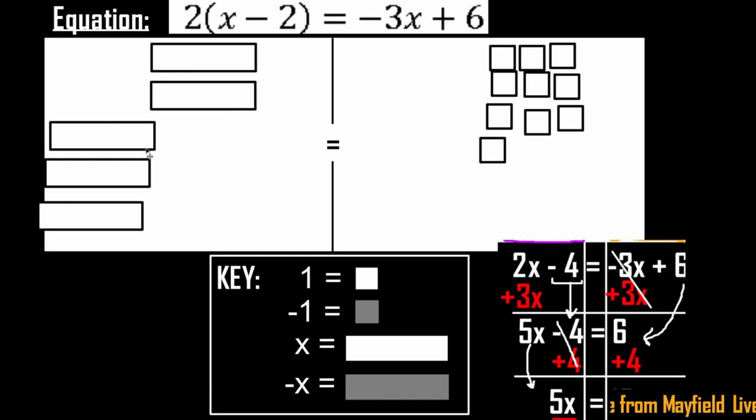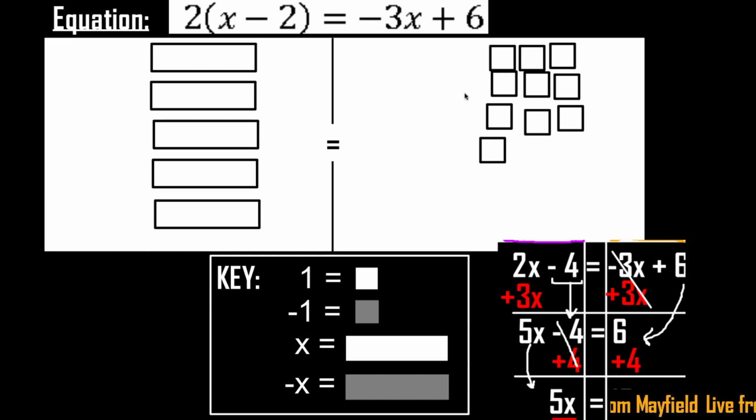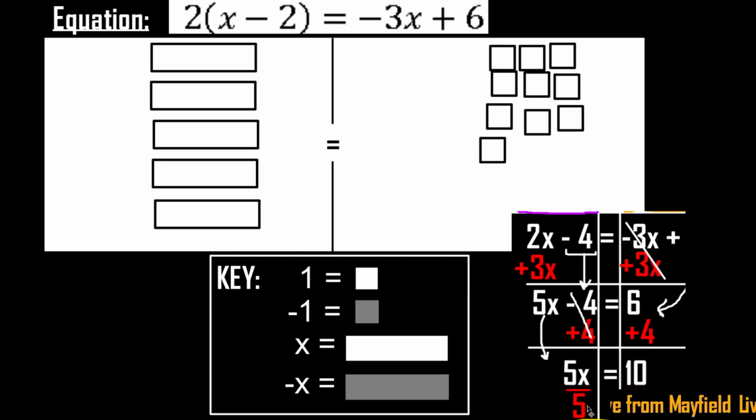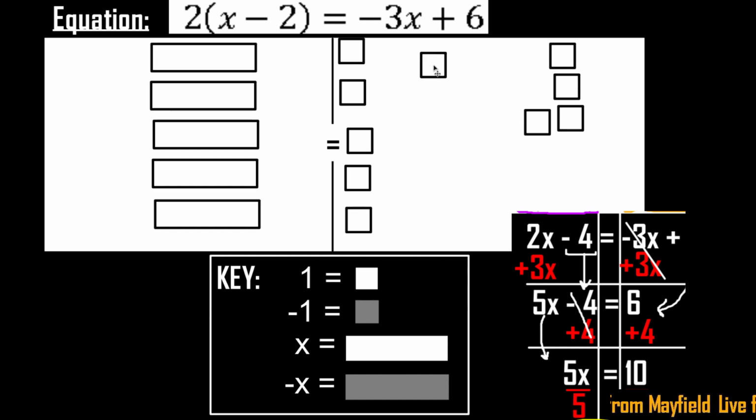So we have 5 x's that are positive, and we have 10 1's. Again, I can group these into 5 equal groups. Again, that's what we're saying. We're trying to split these 10 into 5 equal groups. So we have, again, 1 at a time. That way our groups are spaced out correctly.